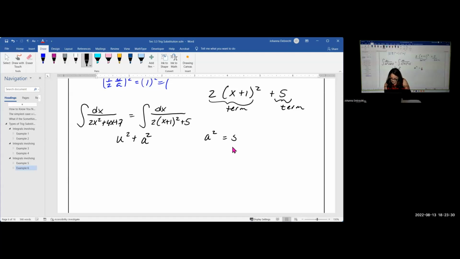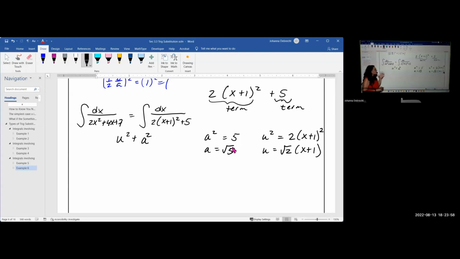So our a squared is 5, and our a is the square root of 5. Our u squared is the other term, 2 times the expression x plus 1 quantity squared. So u must be the square root of 2 times x plus 1, the quantity. All right. Okay, so far so good. That seems to match the pattern.